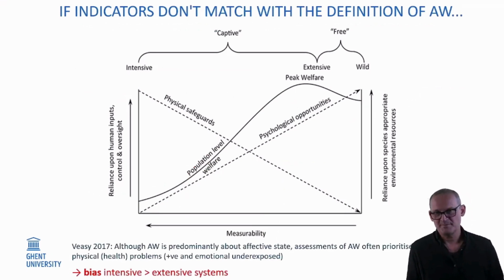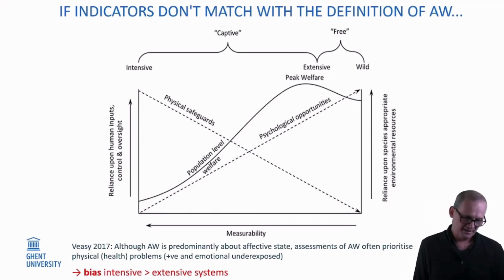I already talked about this slide, and what the effect of that could be. A lot of the indicators that I use relate to the health and the biological functioning of the animals, whereas that is exactly what the very intense housing systems focus on preventing.